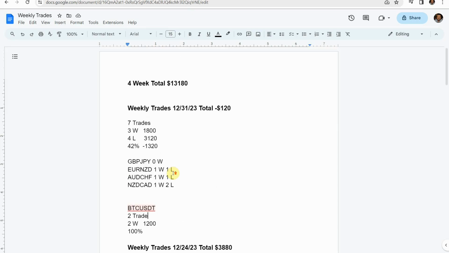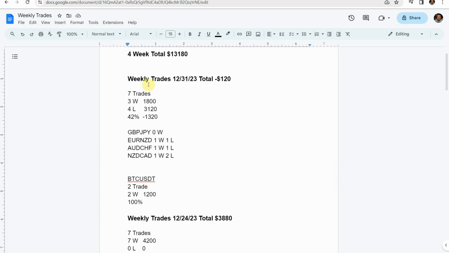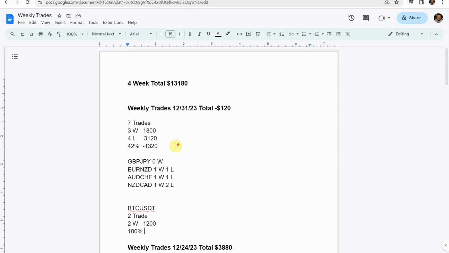And so this week, the 4 Forex pairs did 7 trades with 3 winning trades and 4 losing trades, putting it at a 42% win rate. That was a loss of $1,320. On the crypto coin, we had 2 trades, 2 winning trades, a gain of $1,200, a 100% win rate. And so for the week, all these combined, we would have been down $120.